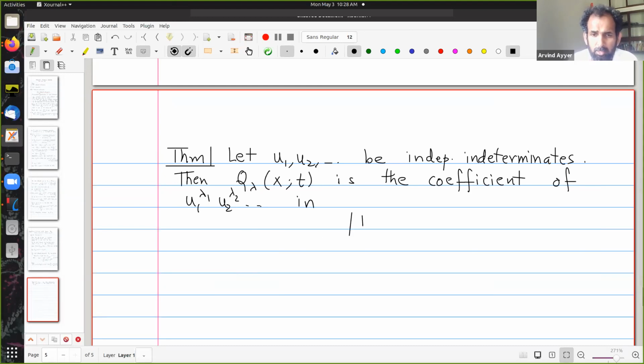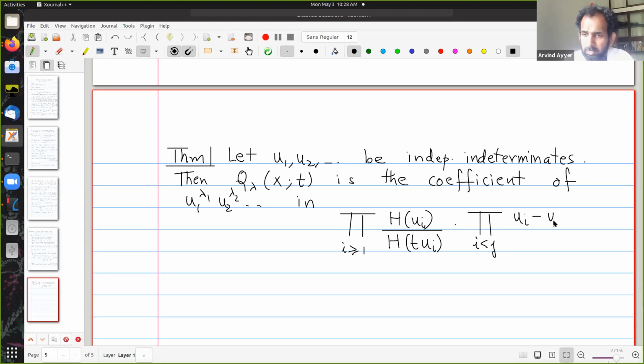In the product, i greater than or equal to 1, h of u_i divided by h of t u_i, times the product i less than j of (u_i minus u_j) divided by (u_i minus t u_j). This is not a typo, t is downstairs.